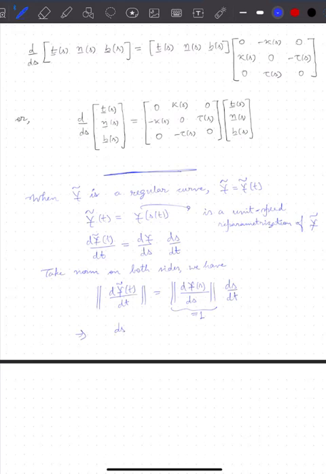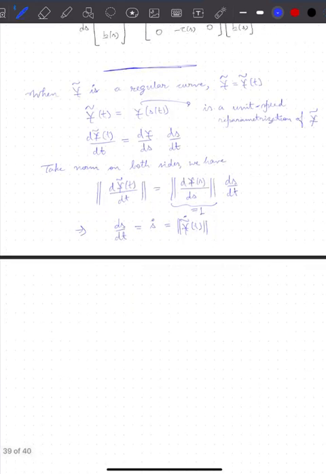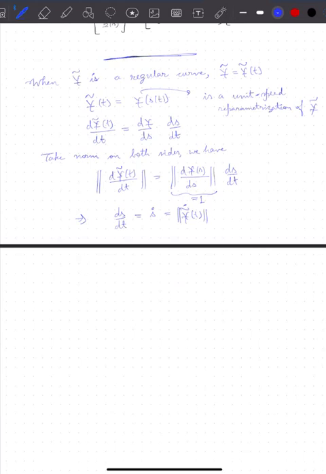So this implies that ds by dt is equal to s dot, and this is given by the norm of gamma tilde dot t, right? Which means that the tangent vector in this case was gamma tilde dot t.